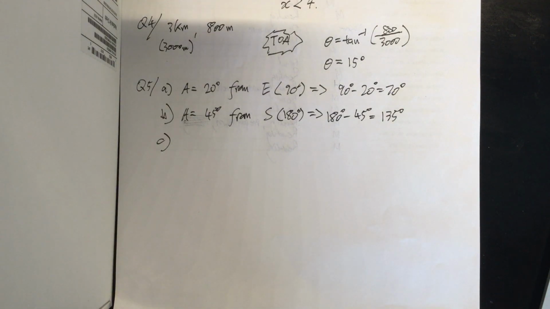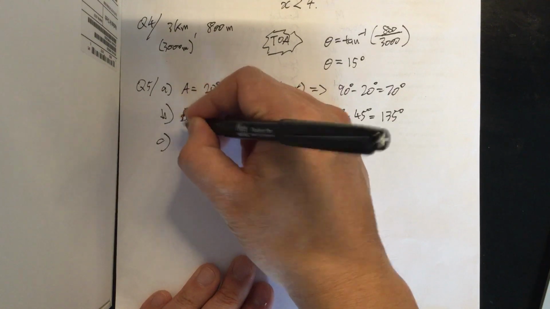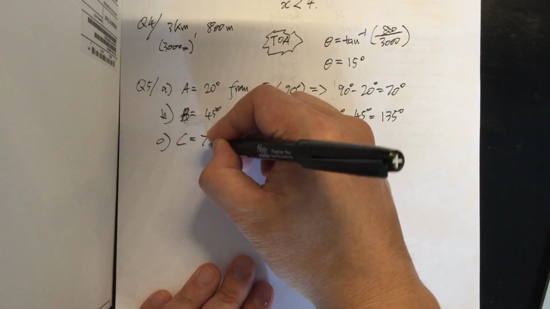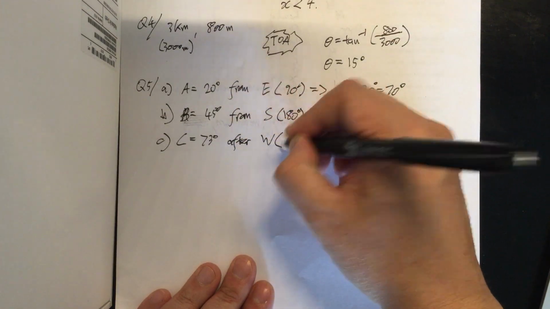Now, part C. C is almost all the way up to north. They gave us 73 degrees beyond west. What is the bearing of W?